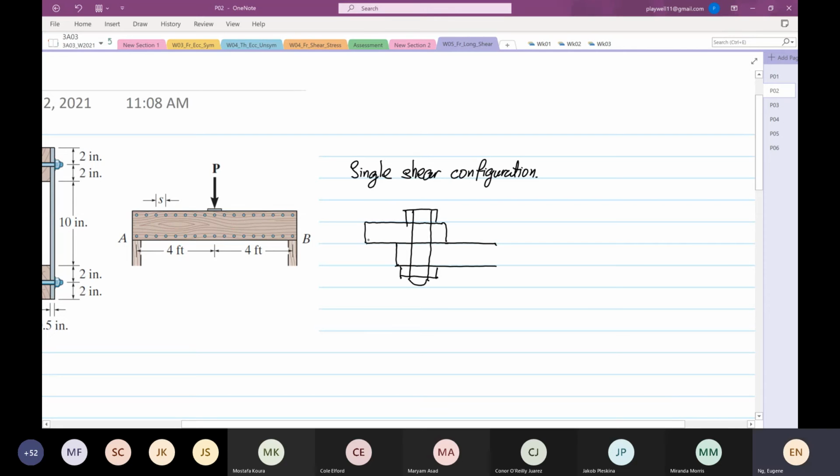Then you have a coupled force, P on one side and P prime on the other. This is what we call single shear configuration. So shear stress is equal to P divided by area. The area we are referring to is the cross-sectional area at this part, where our area is. So the area is equal to pi r squared.